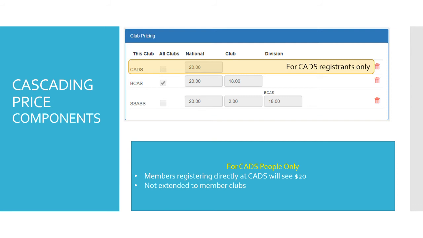So in this example, CADS has a price component, and because this checkbox is not checked, it's only visible to members who are registering to the CADS organization specifically. So they've gone to the CADS site and they've registered and they're paying for a membership. And the price of this membership is $20. And CADS is the only one who gets a split of it.